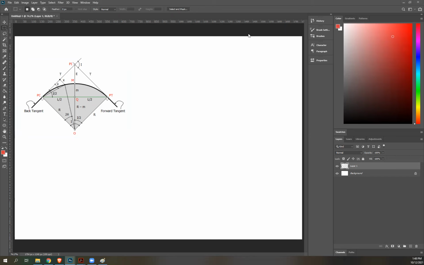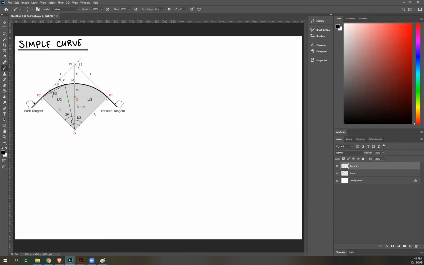So let me explain how we got all of those equations. First, we have this simple curve.